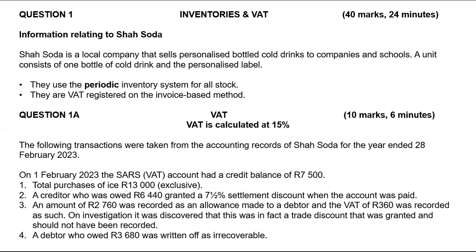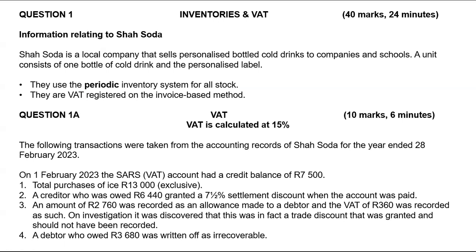So what happened here is that we granted a debtor a trade discount. We good? And when we grant a trade discount to a debtor, it actually reduced our VAT output, which was 100% correct.